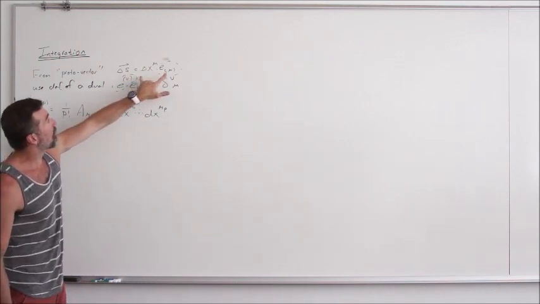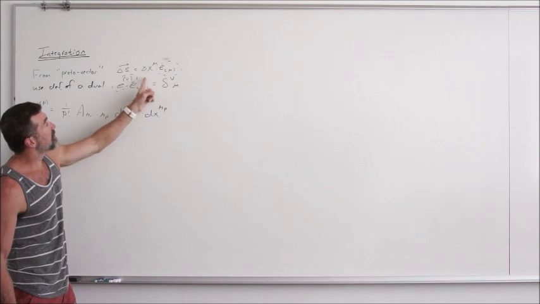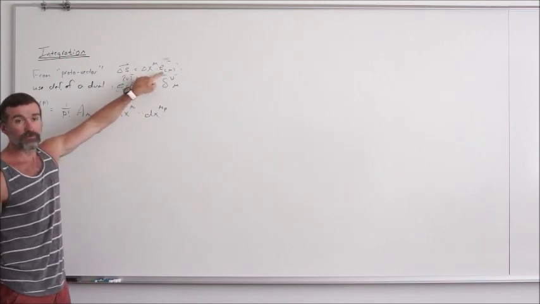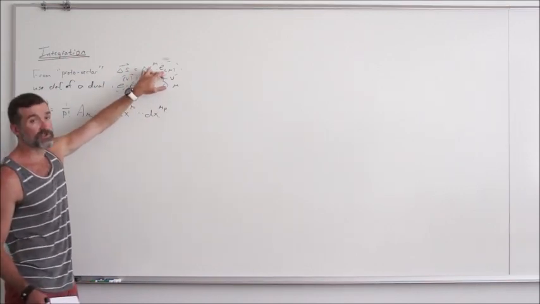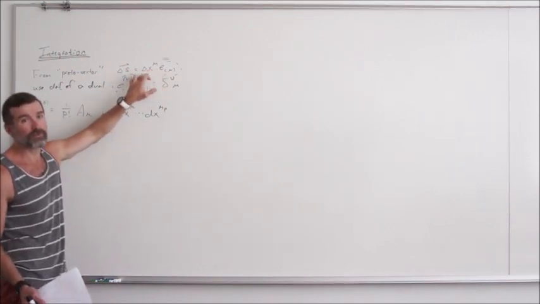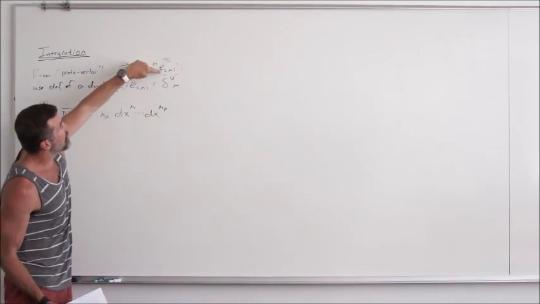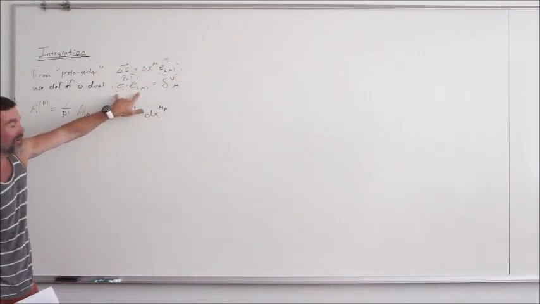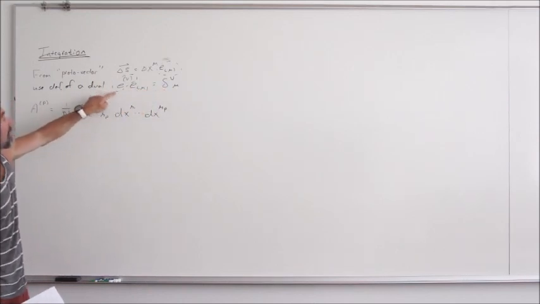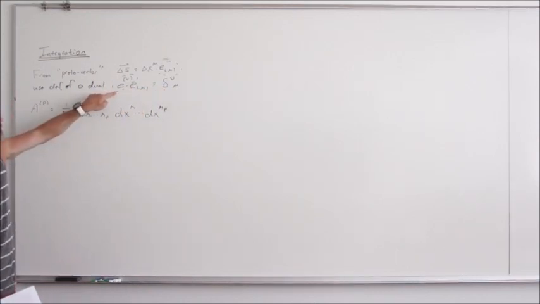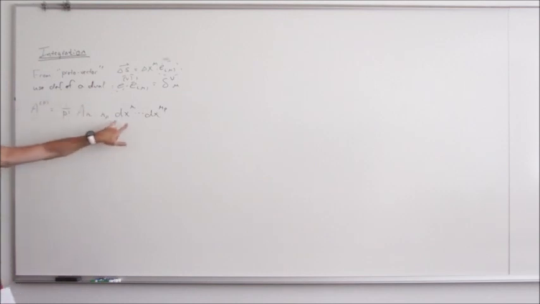Then you say, I want this to be invariant, and so you figure out how this transforms. If you know how one thing transforms and you want the product to be invariant, then you can figure out how this transforms. It basically transforms inversely to this. Now, once you know how this transforms, you can come down here and say, I want this to be invariant. I know how this transforms. I can figure out how this transforms. And it turns out that this thing just transforms like coordinate differentials.